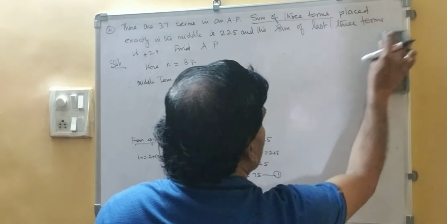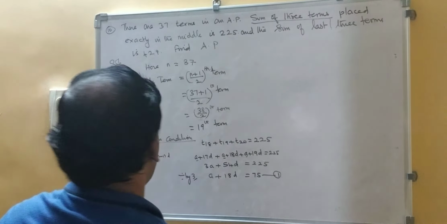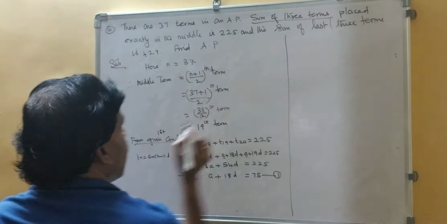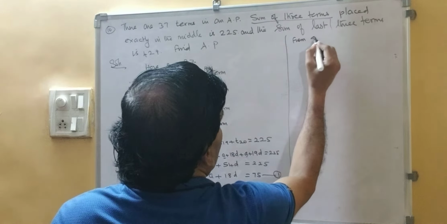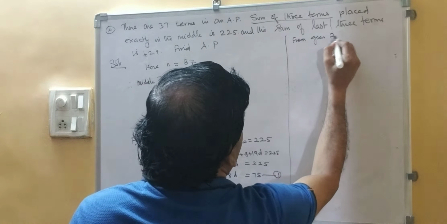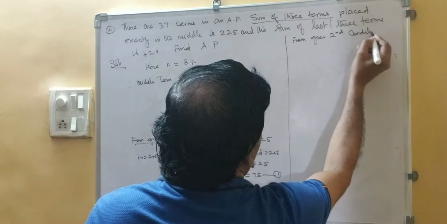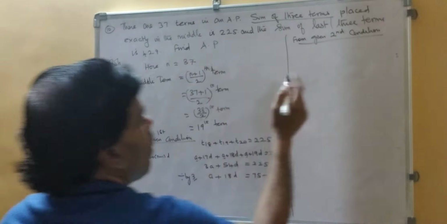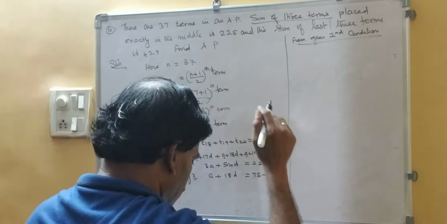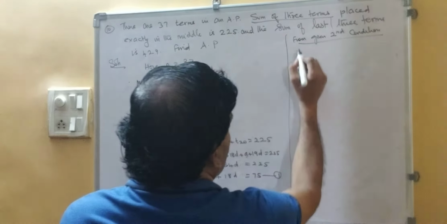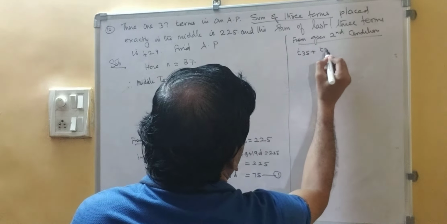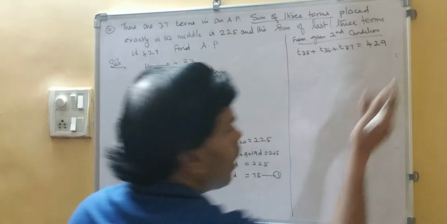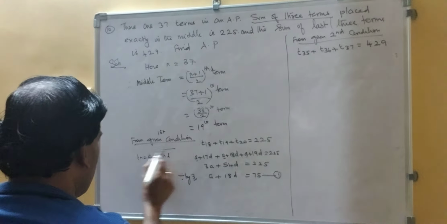Okay, now we will use the second condition. What is the second condition? It says last 3 terms. What are the last terms? 37, 36 and 35. So T35 plus T36 plus T37 equal to 429. Followed? So same thing, we will write.